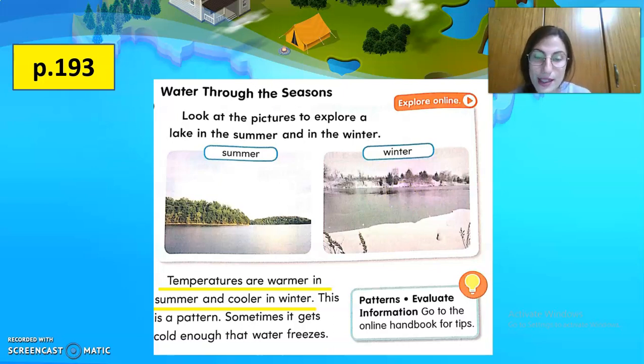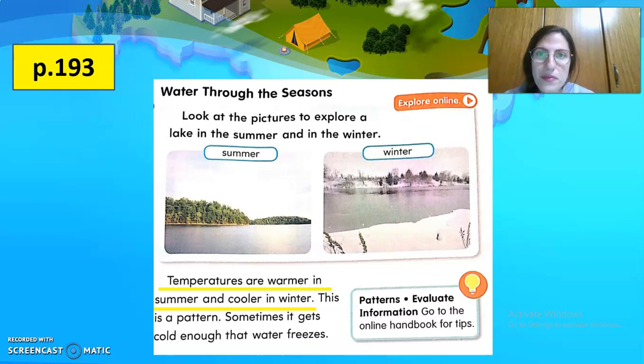Okay? Clear so far? So each year, every year, temperatures are warmer in summer and cooler or colder in winter. This is a pattern. Remember, what do we mean by a pattern? Pattern is something that is repeated each year, every year. During summertime, temperatures are warmer, and during wintertime, temperatures are colder or cooler.